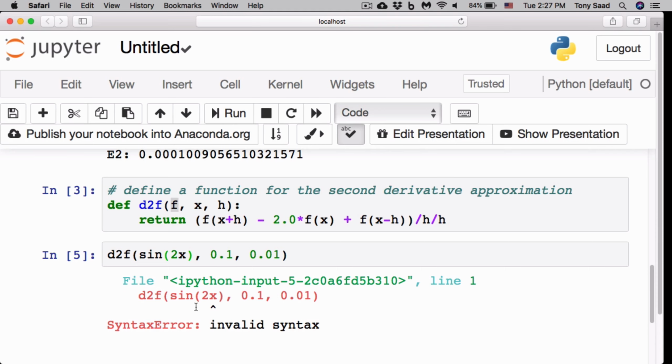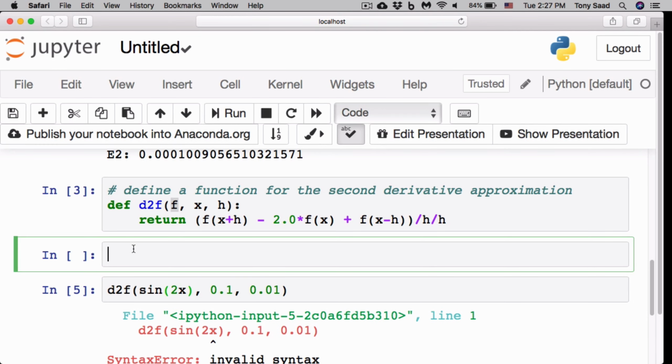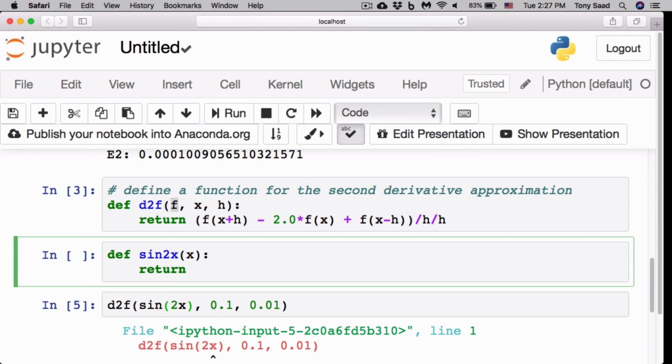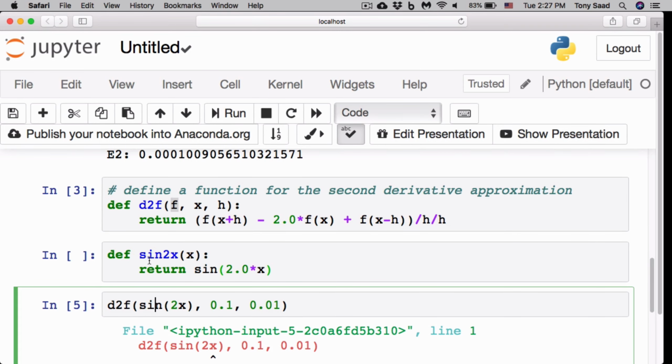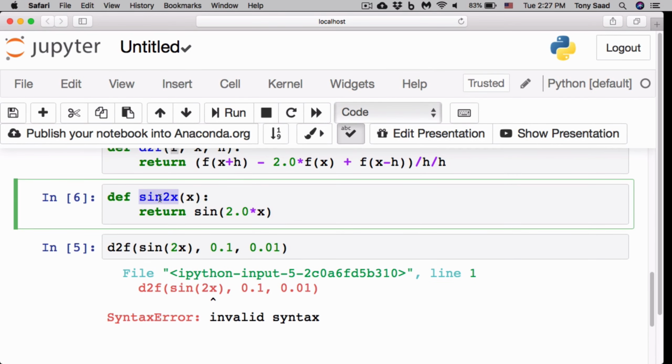Okay? So what I'm going to do here, I'm going to create another function, def sine 2x. Okay? And that function, what does it take? X. Yes. And what does it return? Sine 2x. Yes. Return sine 2x. Now, okay, I defined this. Now this has become a function signature for sine 2x. Agreed?